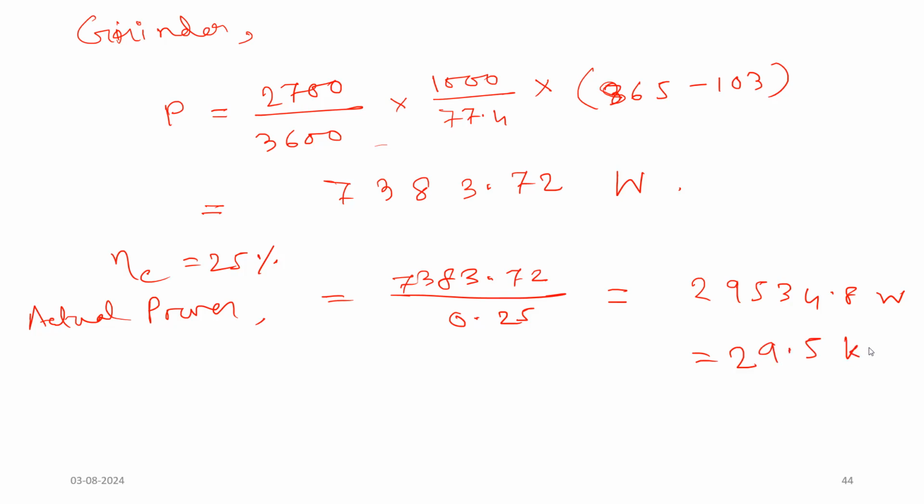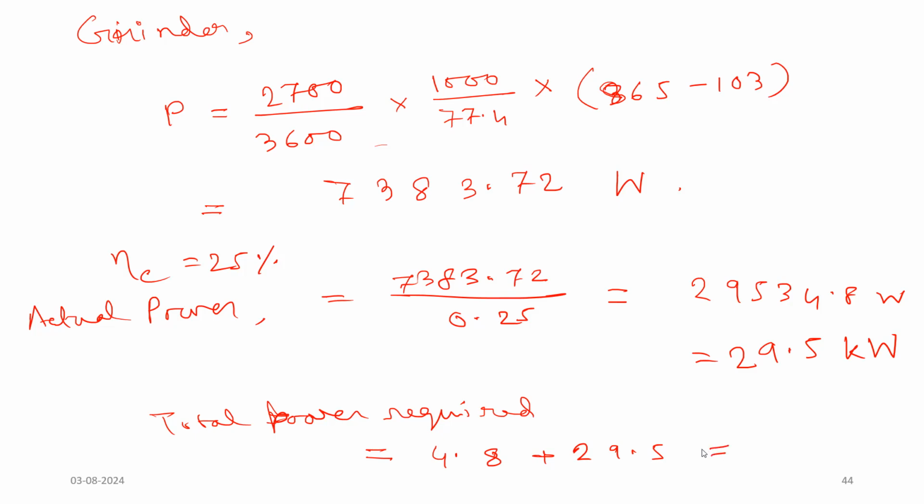So the total power required combining the assembly, that is crusher and grinder, is 4.8 plus 29.5 equals 34.3 kilowatt. So this is the answer.